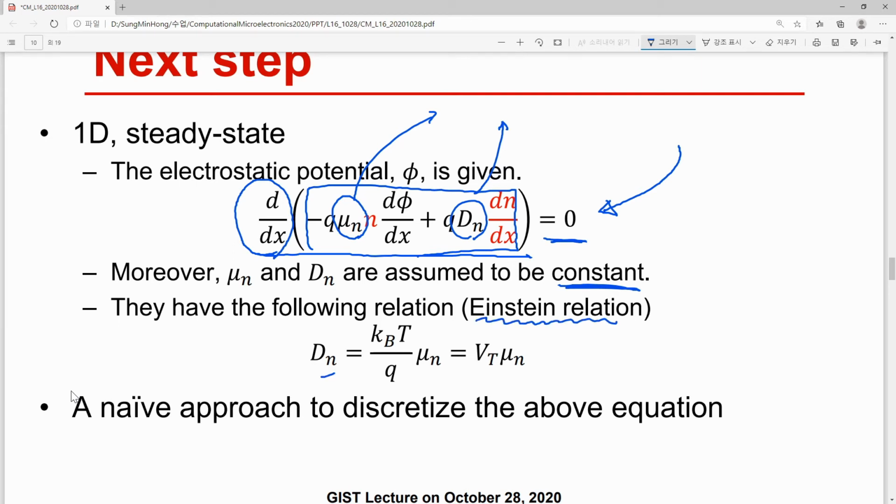So D sub n and mu sub n are proportional, so we can just multiply by the thermal voltage. For example, it's like this.